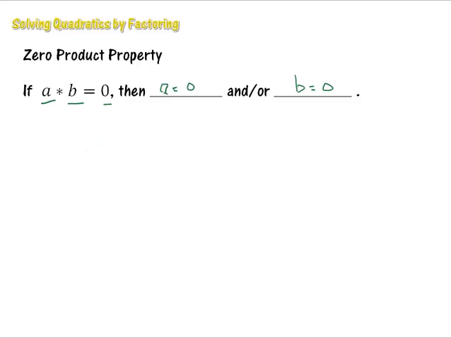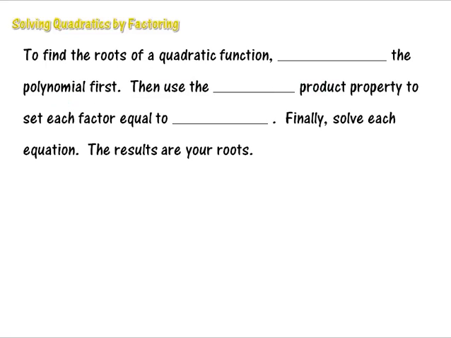Okay? Alright, the next thing is a little bit more information. This is actually how we're going to solve the quadratics by factoring. We're going to use that zero product property. So to find the roots of a quadratic function, we're going to factor the polynomial first. Just the ax squared plus bx plus c side.